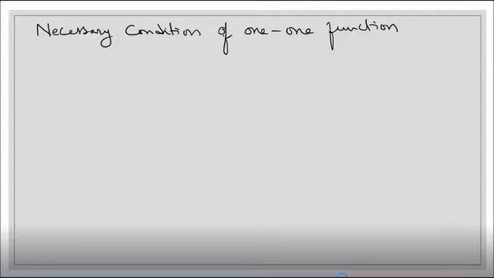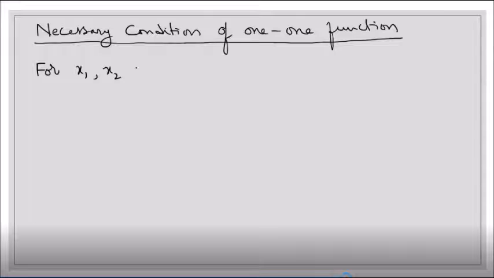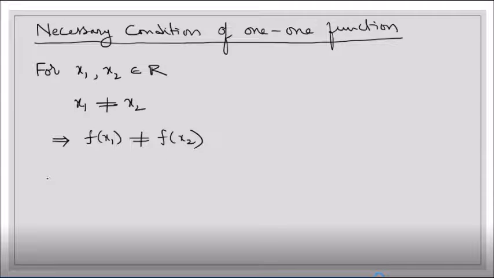Necessary condition of one-to-one function. We discussed this. For x1, x2 belonging to real numbers, x1 not equal to x2 implies f of x1 is not equal to f of x2. Now, it can be proved in another way also.